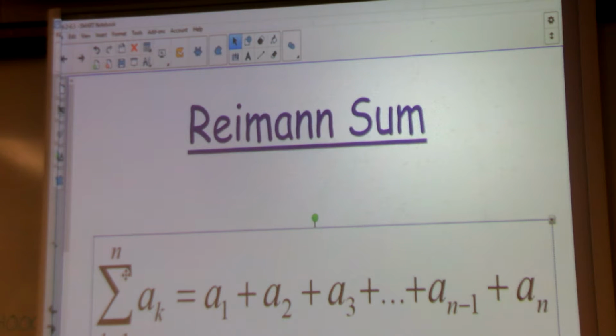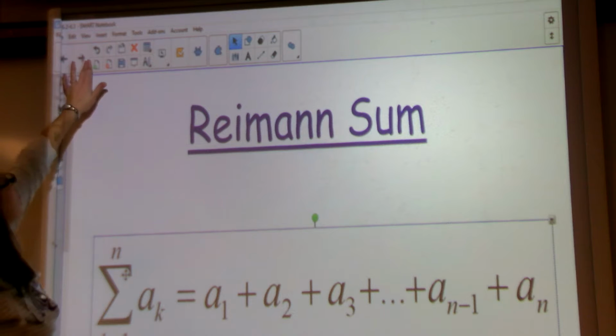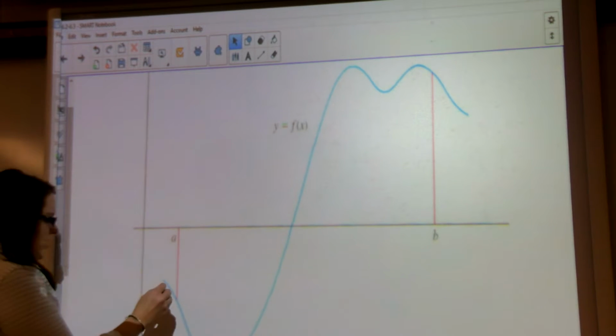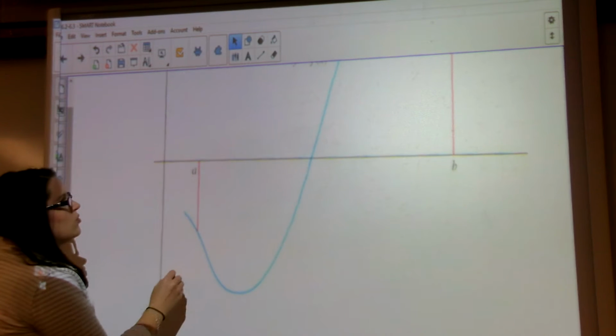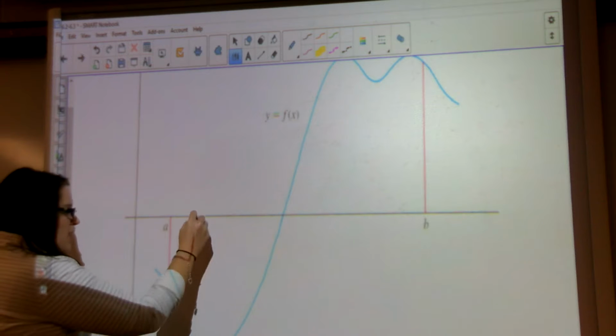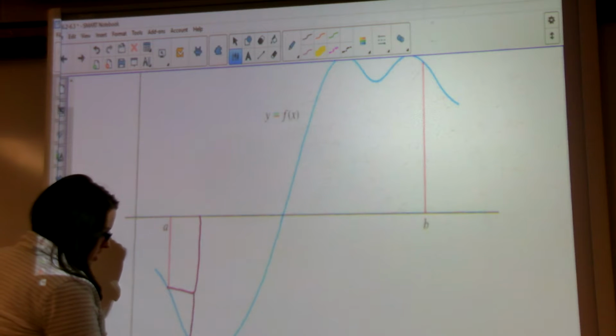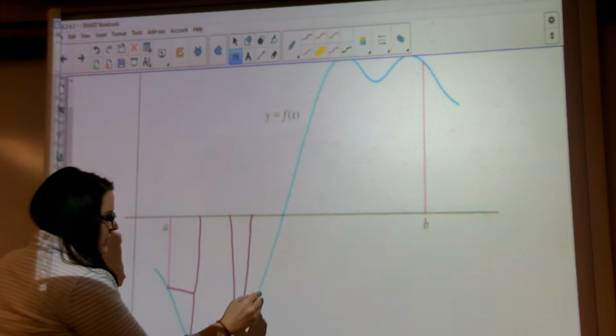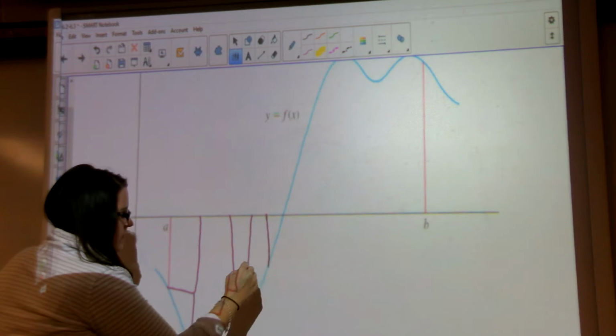Okay. So let's look at our rectangular approximation method here. I have just a generic function, and I separate it into rectangles. I'm going to make my rectangles touch a different amount and make them different sizes. It doesn't really matter.